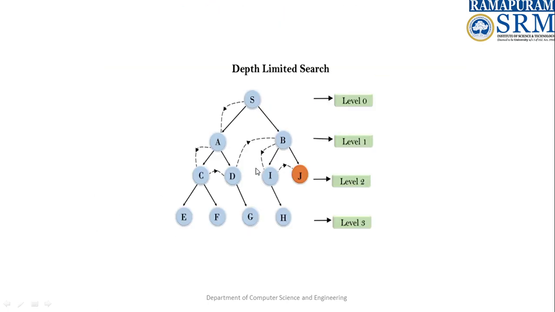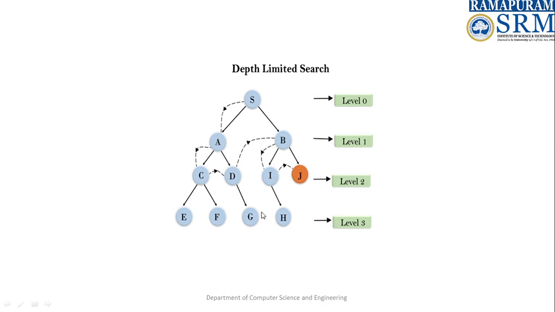From the root node, you need to travel till the 90th level, come up again, travel till the 90th level, come up, and finally you reach the goal state which is present in level 10. So your depth limit should not be too high. It should be at least 1 or 2 levels beyond the goal. If your goal state is in level 10, you can have your depth limit as 12 or 15, something which is closer.